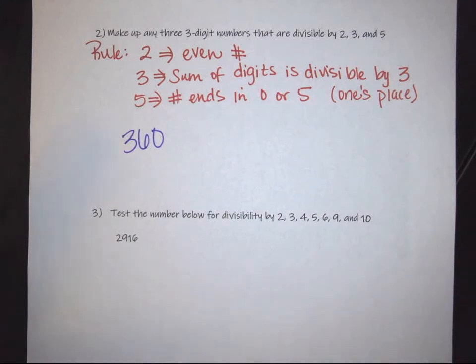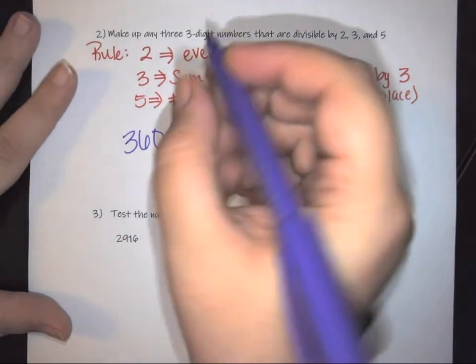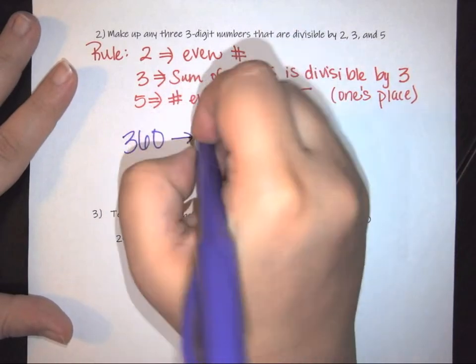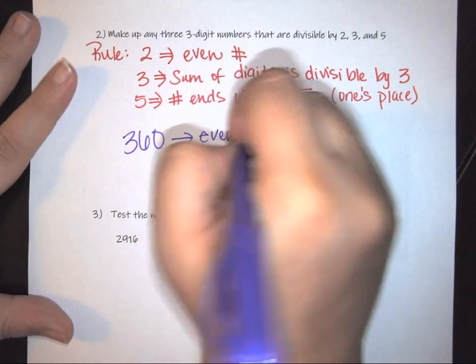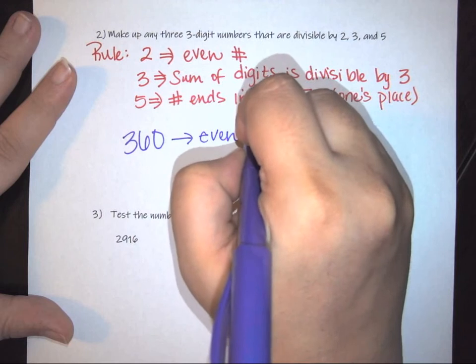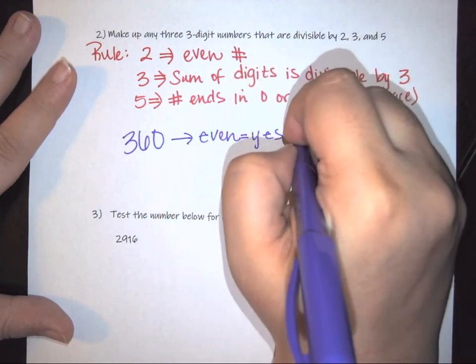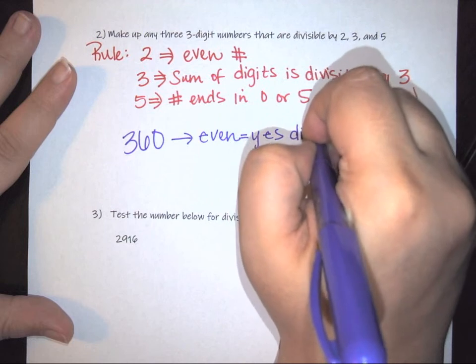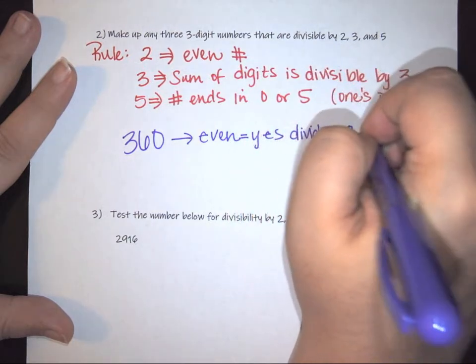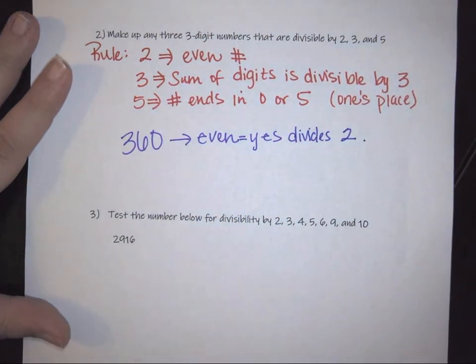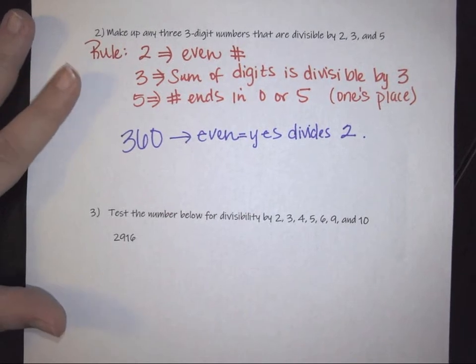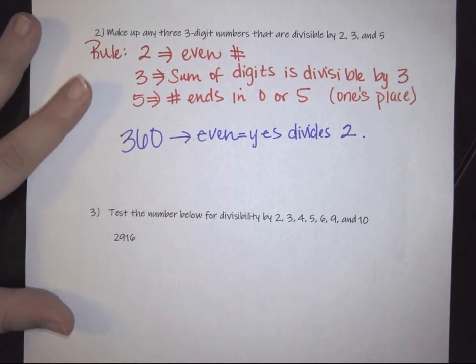And so, let's see if it passes your test. Is 360 even? Yes. So therefore, 360 is even, which means yes, it divides by 2. Now, sum of the digits is divisible by 3.